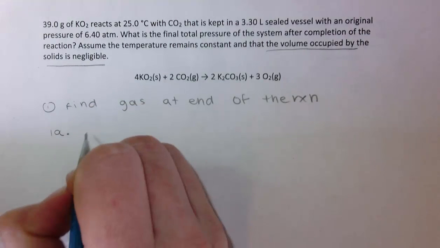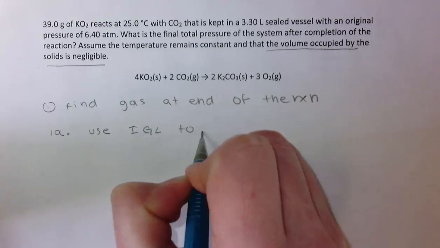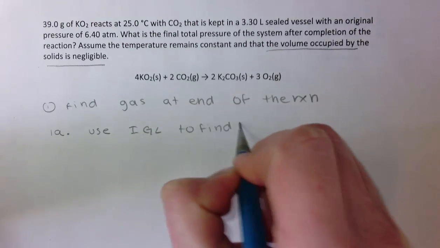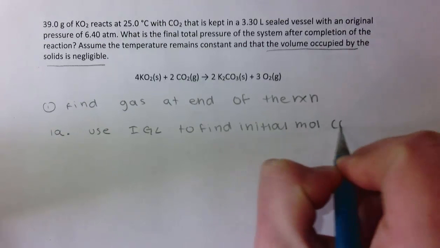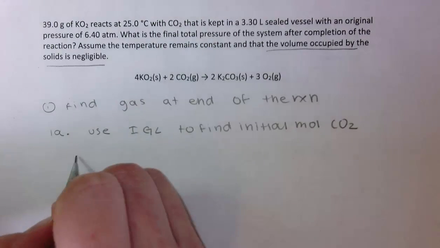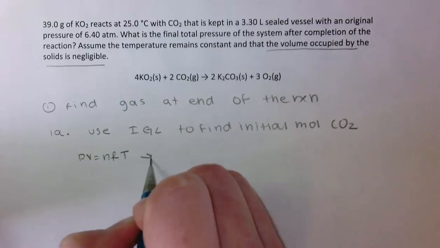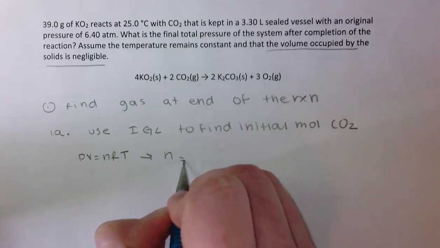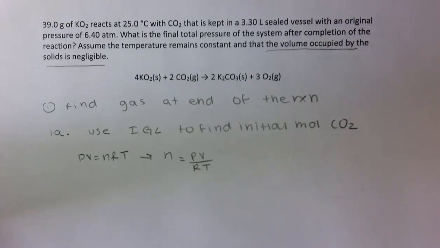So we can use the ideal gas law to find the initial moles of CO2, or carbon dioxide. I'm just going to set this up, PV equals nRT, and in our form we want it as n equals PV over RT to find the number of moles.